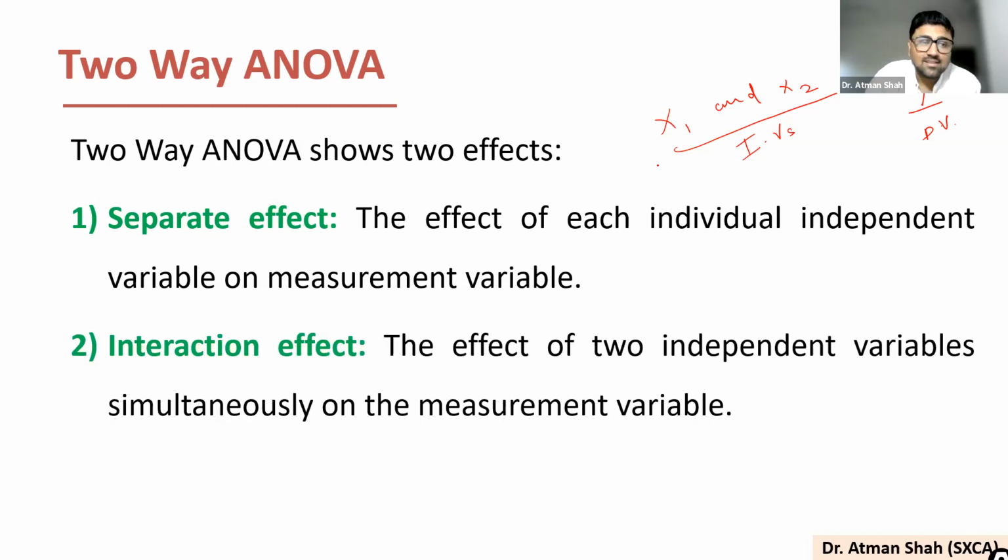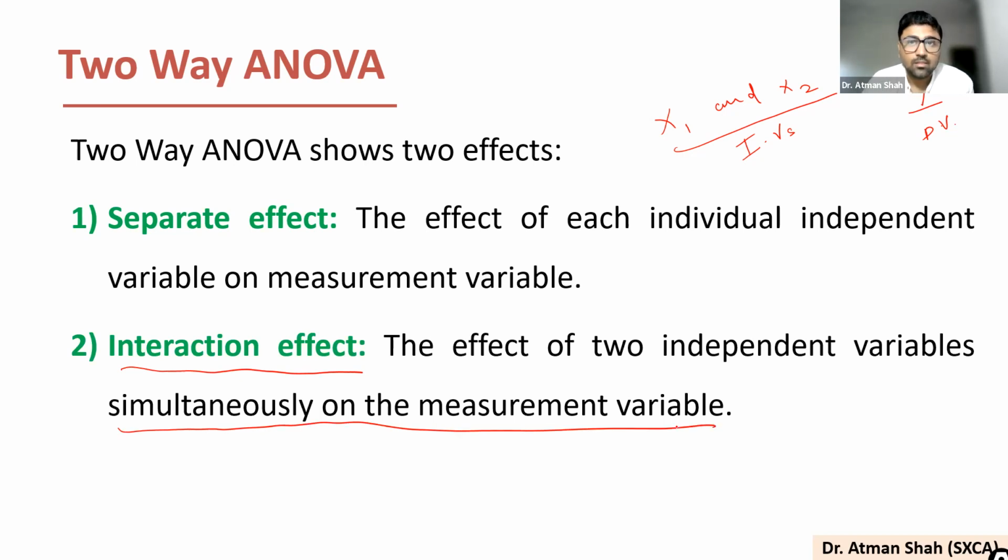And second is interaction effect. Now, interaction effect shows the effect of two independent variables simultaneously on the measurement variable. So the simultaneous effect of x1 and x2 on y, that is the idea of interaction effect.